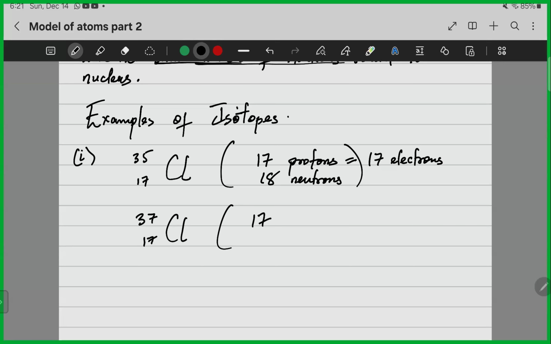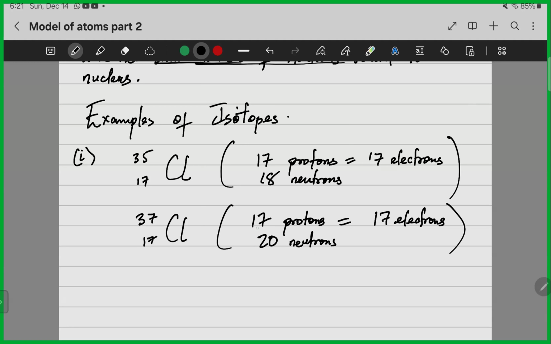So let me put it. 17 protons, 17 electrons. This one too has 17 protons, which is equal to the number of electrons, 17 electrons. But this time around, it has 20 neutrons. You discover that 17 plus 20 is what gives you 37. You see that?